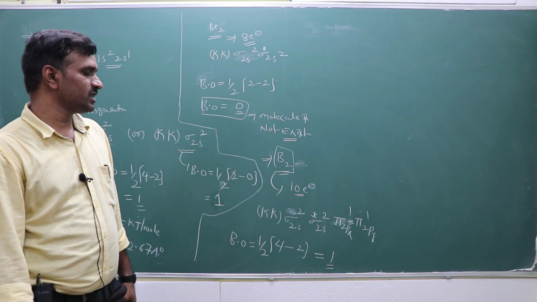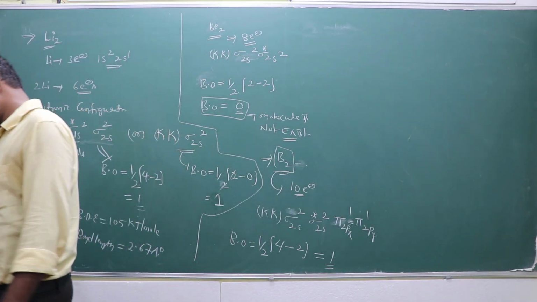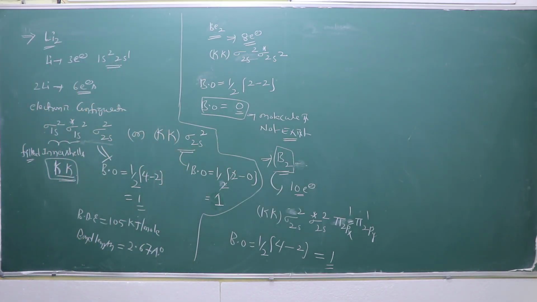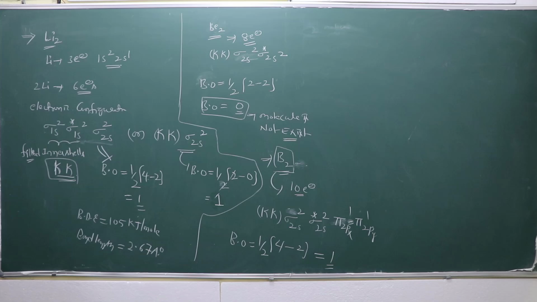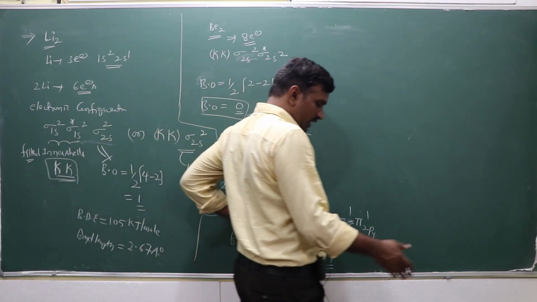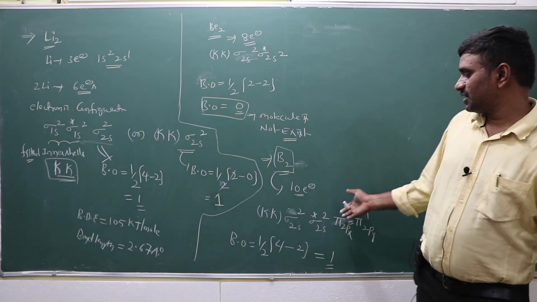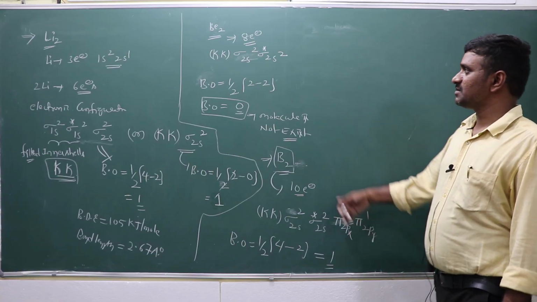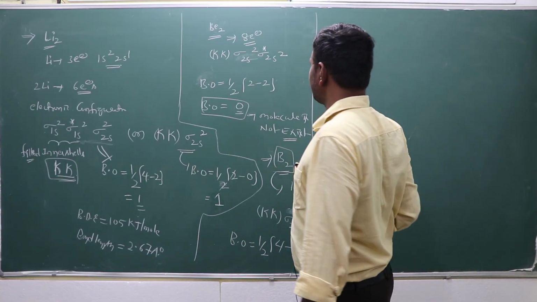When bond order is 1, a single bond exists in the B2 molecule, and the bond dissociation energy is nearly 289 kilojoules per mole, and the bond length is nearly 1.59 angstroms, but it may not be necessary in all these cases.